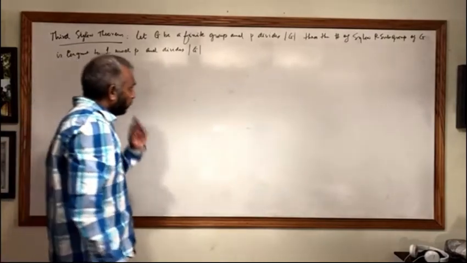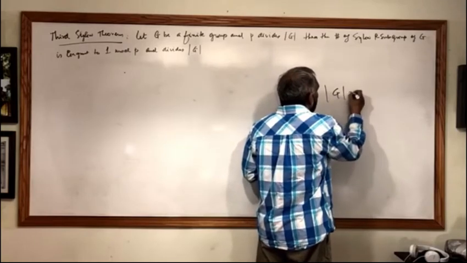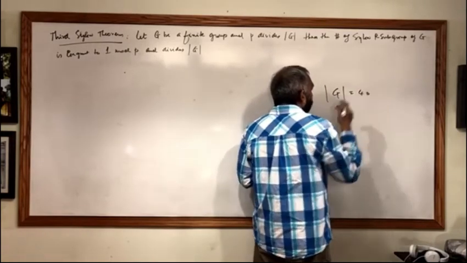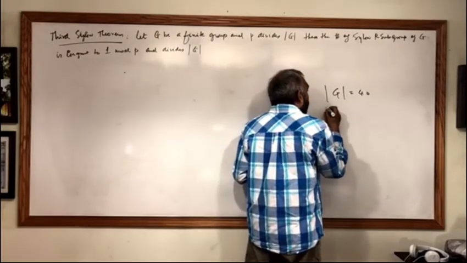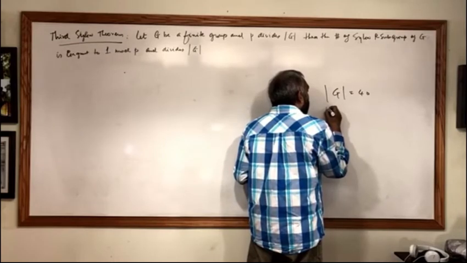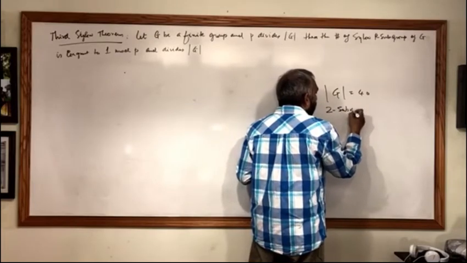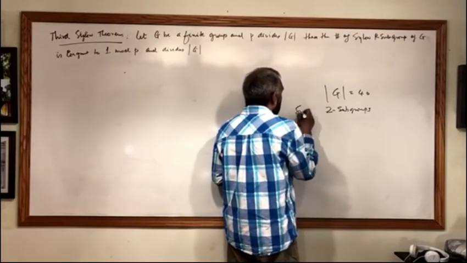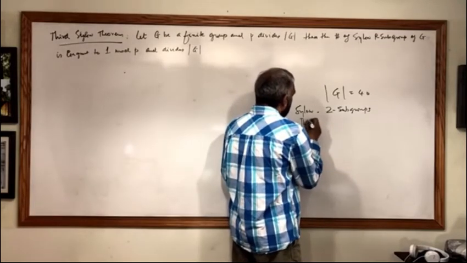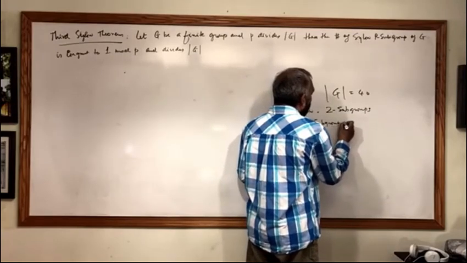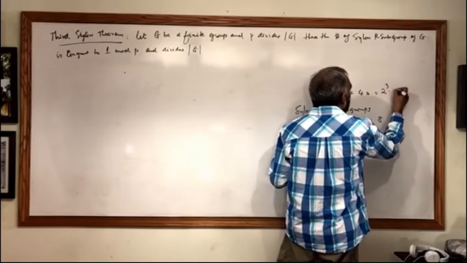We'll take an example here to illustrate what this theorem means. Let us assume that the order of G is equal to 40. And we are trying to find out the number of Sylow 2 subgroups. Sylow 2 subgroups means the subgroups of order 8, because 40 is equal to 2 cube times 5.